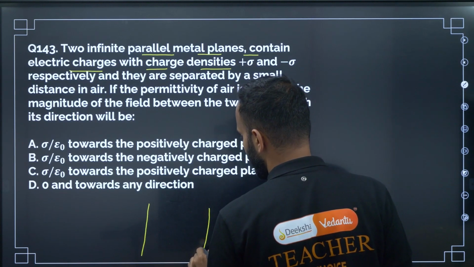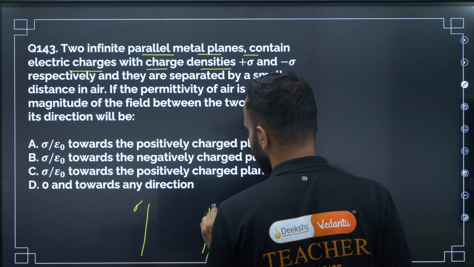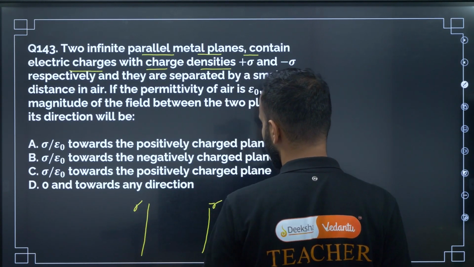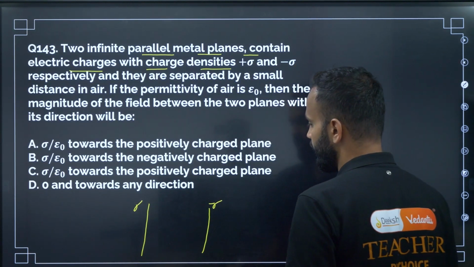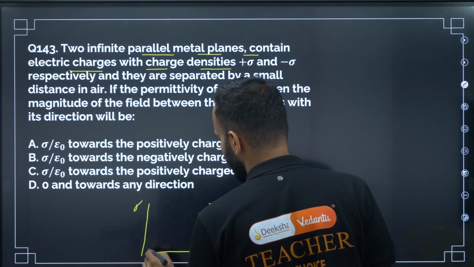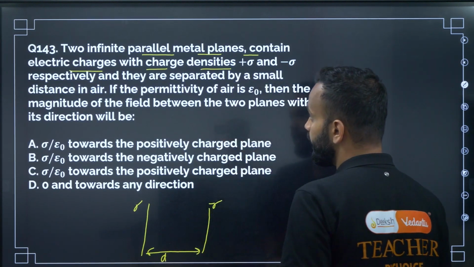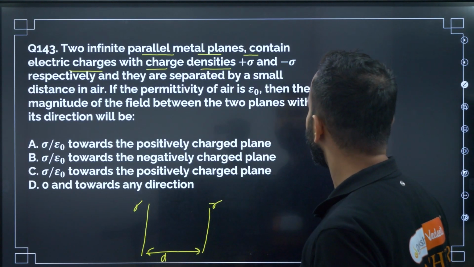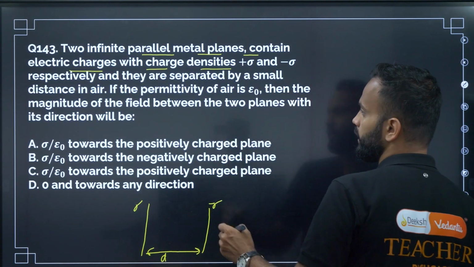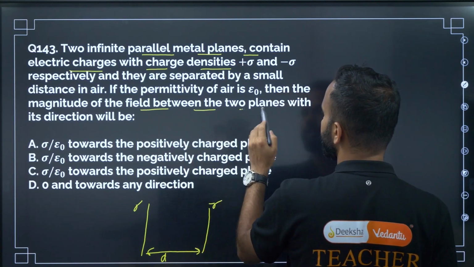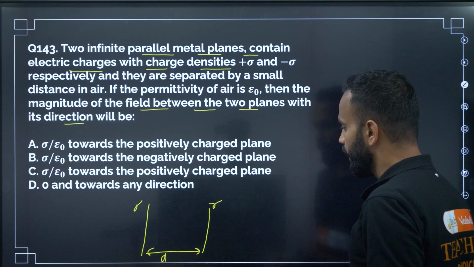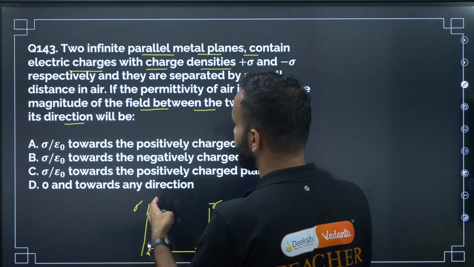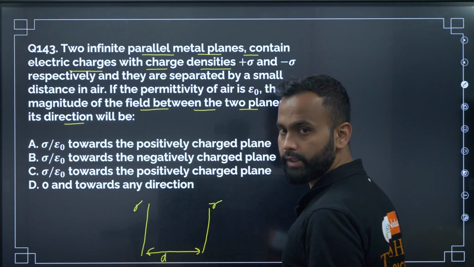Here two large metallic plates contain charge density sigma and minus sigma respectively, and they are separated by a small distance d in air. If the permittivity of the air is epsilon naught, then the magnitude of the field between the two planes with its direction will be.